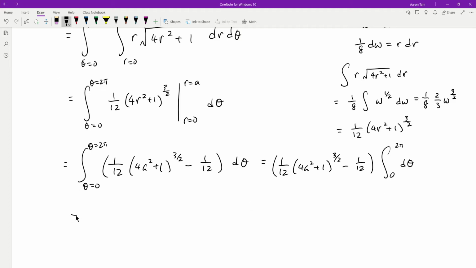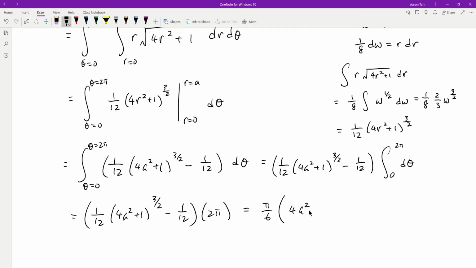I'm just going to write the next line. So therefore, it's 1/12 times 4a squared plus 1 to the 3/2 minus 1/12, multiplied by 2 pi. So therefore it becomes pi over 6 times 4a squared plus 1 to the 3/2 minus 1.